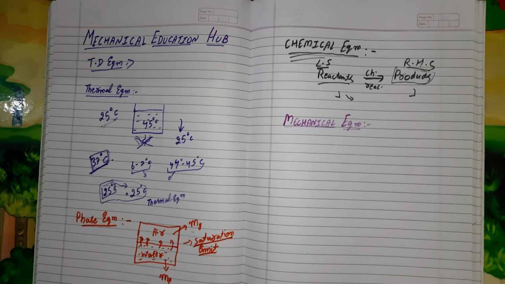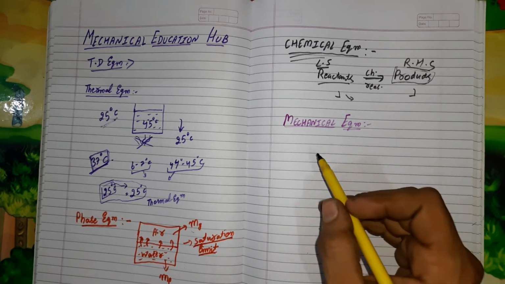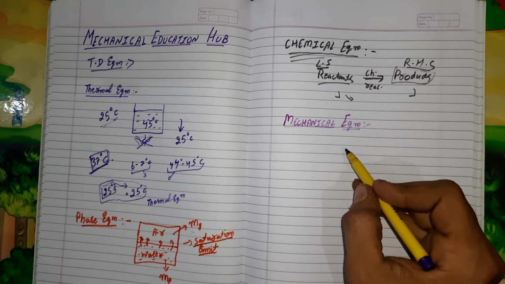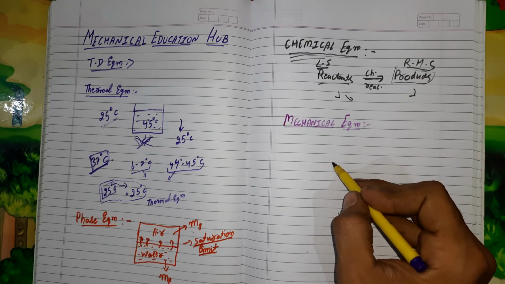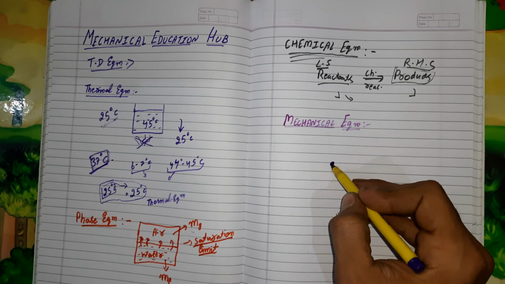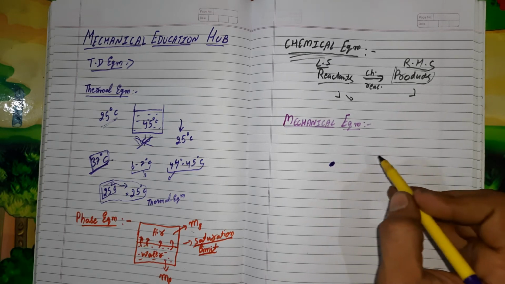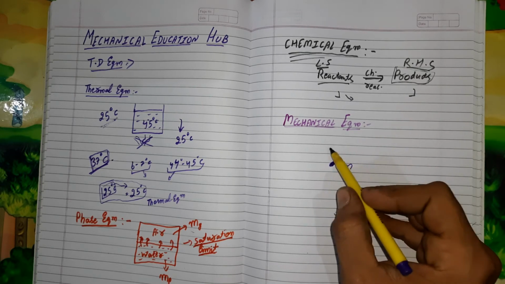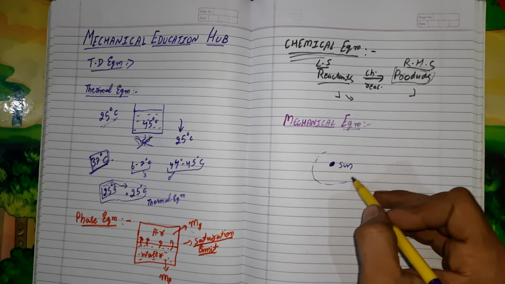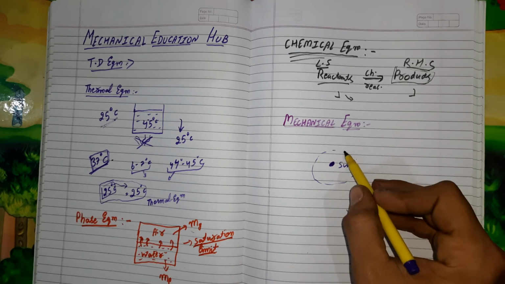We can also understand this with the example of our solar system. Consider our solar system to be the observable thermodynamic system. Consider this to be the sun, and we have all the 9 planets revolving around the sun.